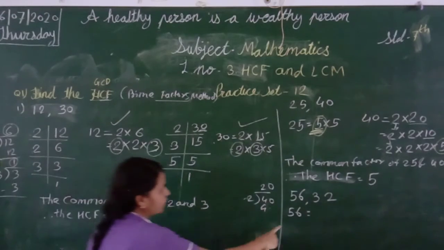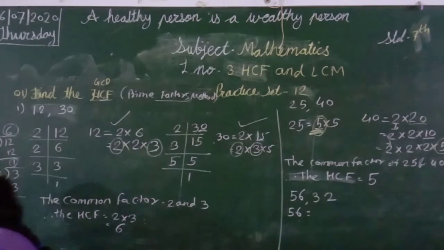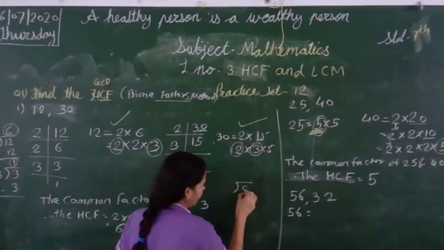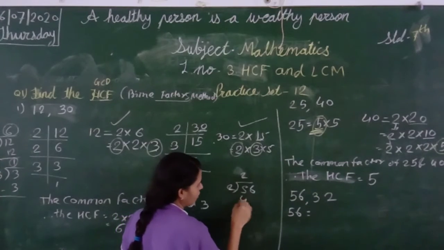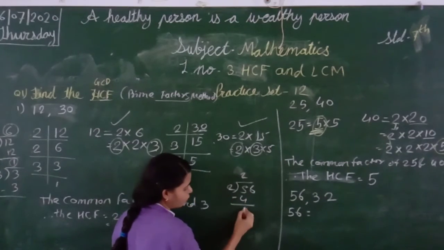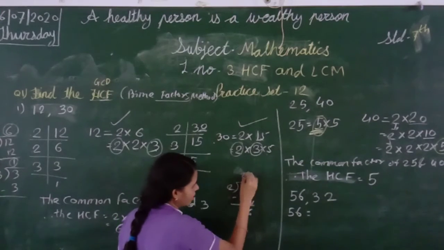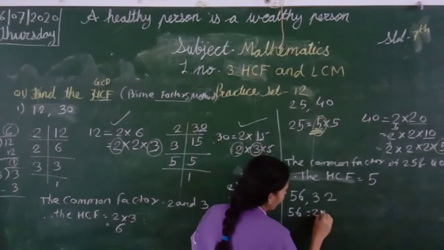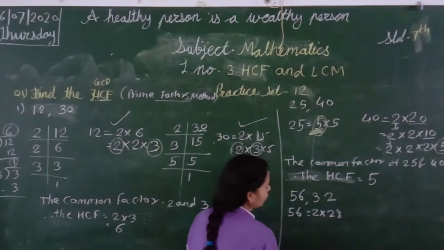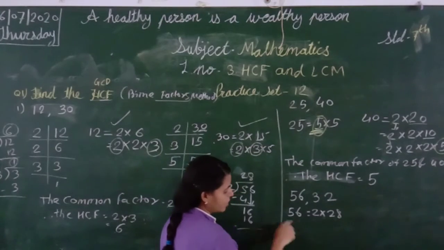The unit place has the 6, so we will divide it by 2. 2 2s are 4. 5 minus 4, 1. This 6 came, 16. 2 8s are 16. So 2 into 28 is 56.